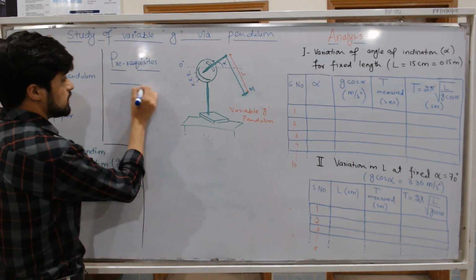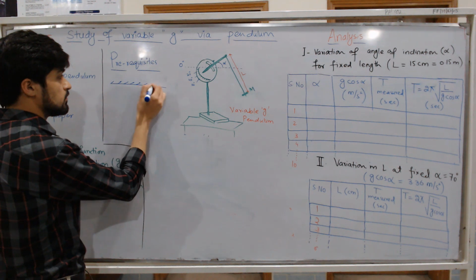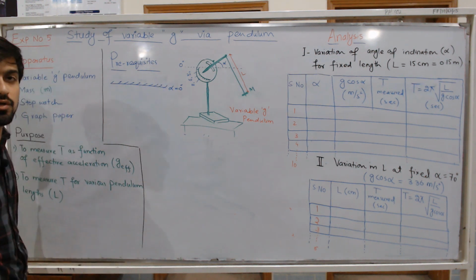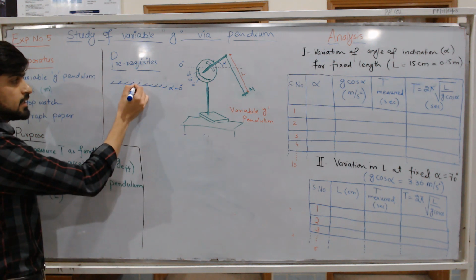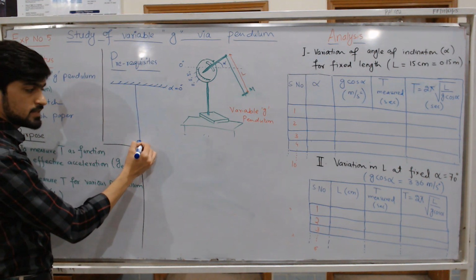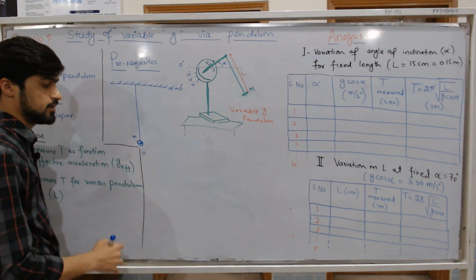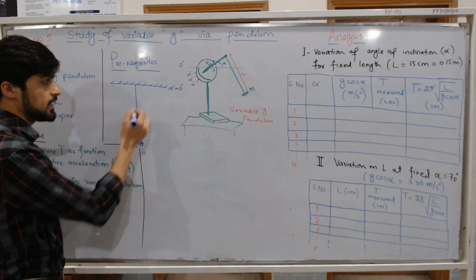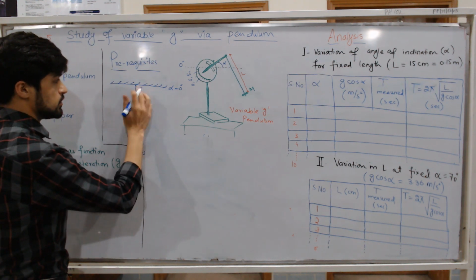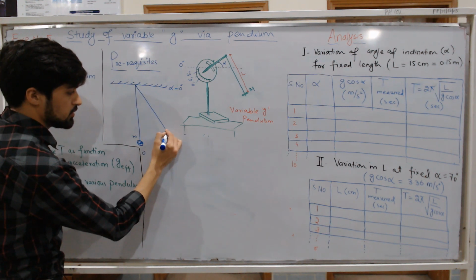Now if this is, let's say, our simple pendulum, and the angle of inclination, let's say for this case is 0 degree, and let's say this is at mean position O. The mass is attached at the other end, or this is a bob of mass m. And I displace this bob from this mean position to this position.